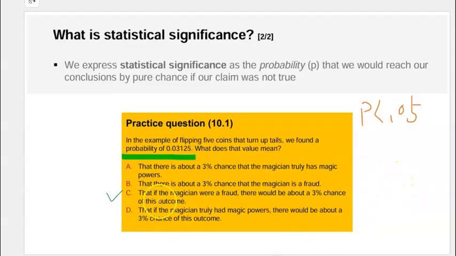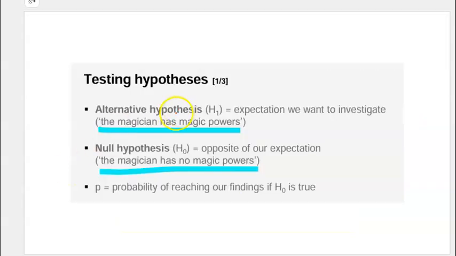That means if the magician were a fraud, so if the magician doesn't have any magic power, there would be about a 3% chance of this outcome. So we have a very small chance that the magician doesn't have the magic power. Since the p-value is less than 0.05, you have to accept your alternative hypothesis: the magician has the magic power.